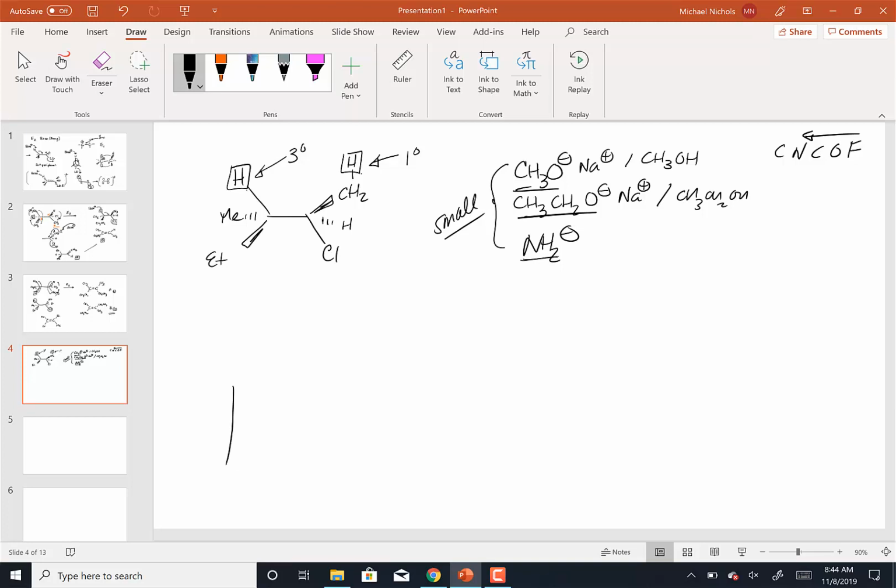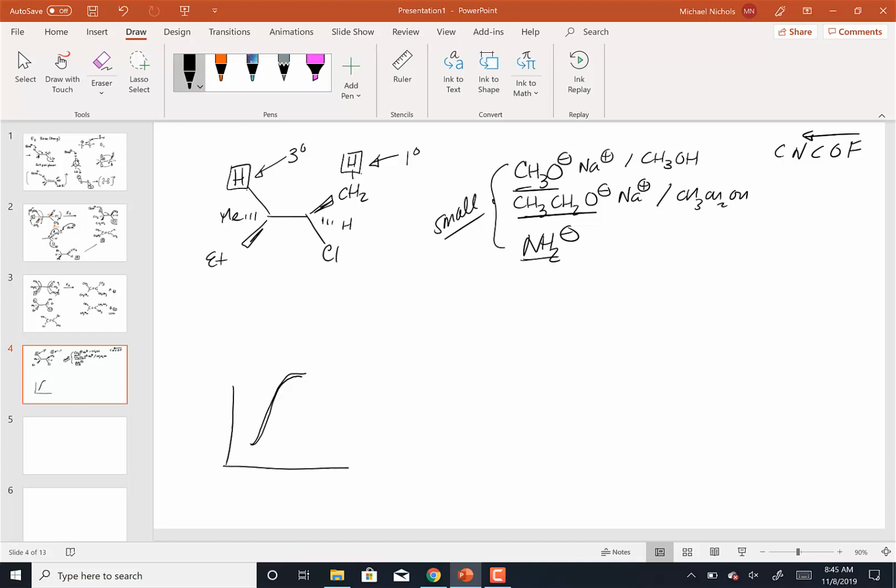Now, I hate to do this, but chemistry is all about energy. That's the reason it occurs. So in this case, if you use a small base, the transition state energies of the small base removing the hydrogen that's primary or tertiary are going to be pretty close together.